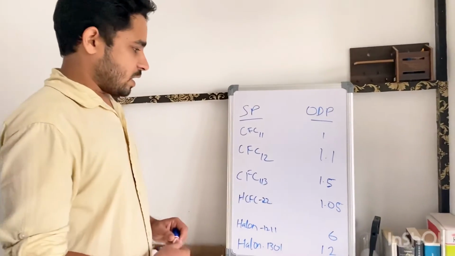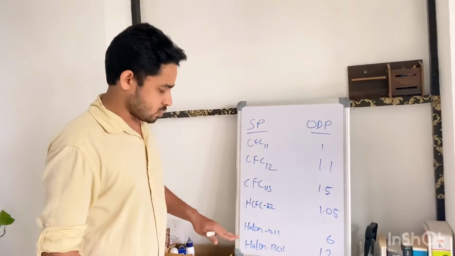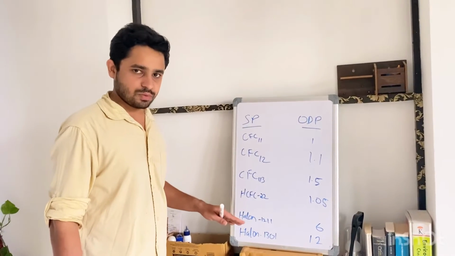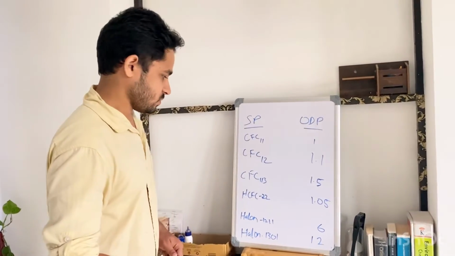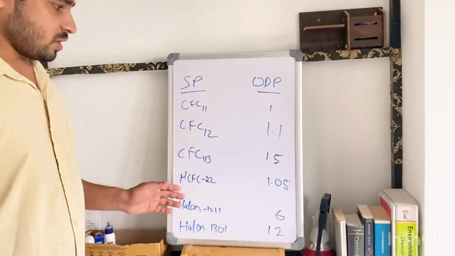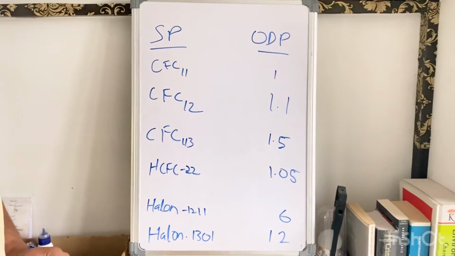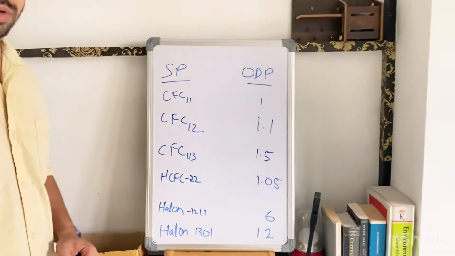Among the gases with ozone depletion potential, halons have the most depleting potential, and we have mentioned the use of halons. Note it down. This will be of major importance for the NET exam. It can be asked in paper 2 of environmental science. It is of major importance.